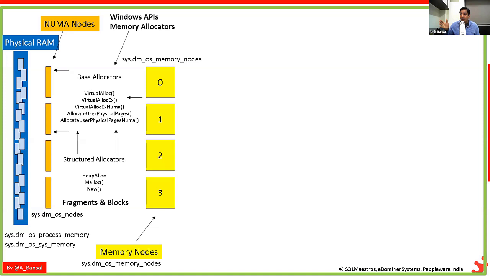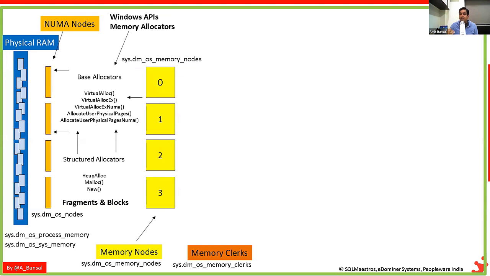Now let's move forward. I have talked about the OS memory nodes from a SQL Server perspective. And now as we gradually move into SQL Server memory architecture, it's fair and wise to say that SQL Server memory architecture is divided into 3 different layers, or it's like a 3-layered architecture. At the topmost layer, you have memory nodes that are talking to Windows directly via these allocators.